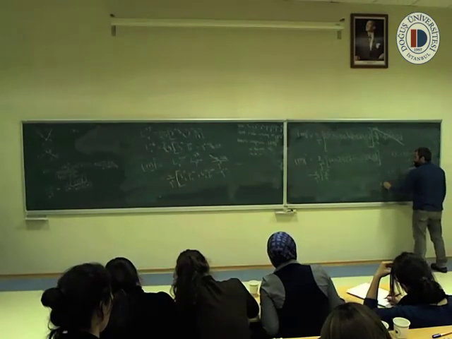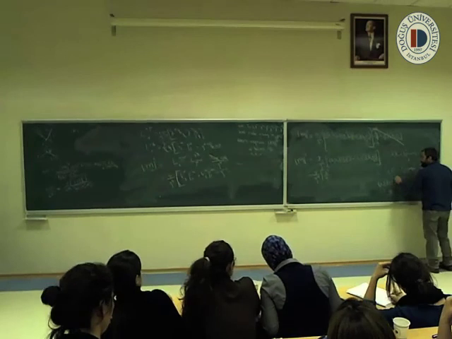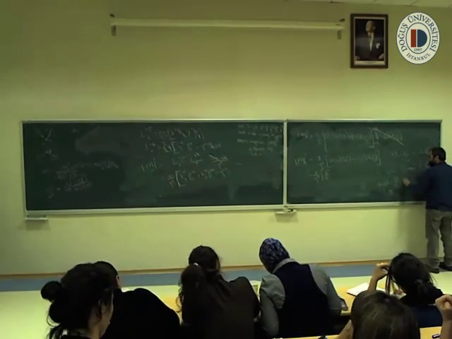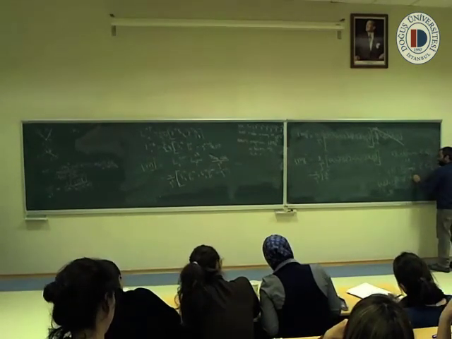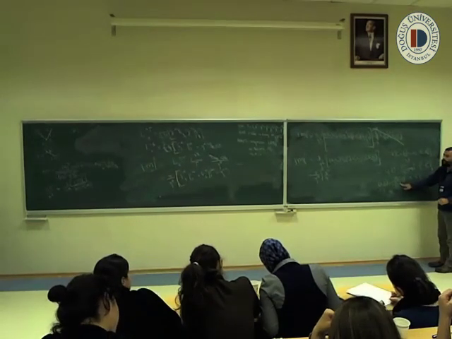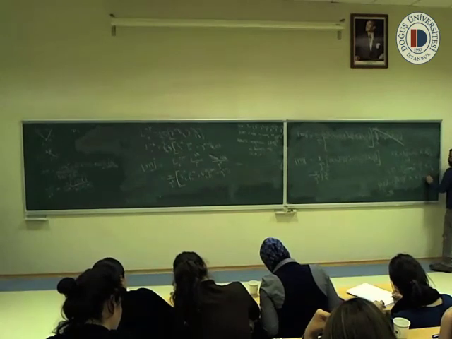Now, K1, K2. This is 1 over 2 minus 1 over 2 K1 minus K2 squared minus K1 squared minus K2 squared. But K1 minus K2 is what we define as U. This is U over 2.